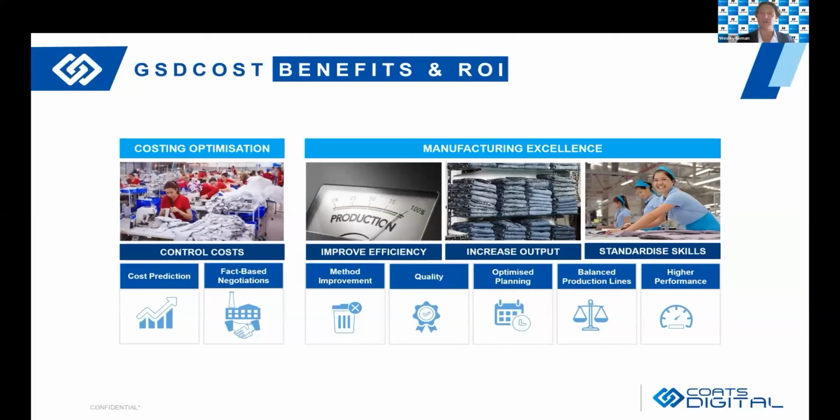Ultimately, what does that bring? It brings higher performance. It brings less guesswork. It brings better relationships with your customers. And of course, that means eliminating waste, eliminating inefficiency, increasing output, and maintaining, if not increasing, your profitability within each and every single order.